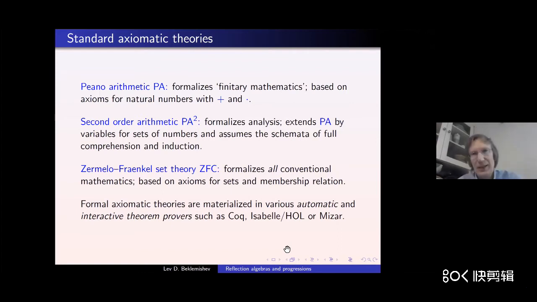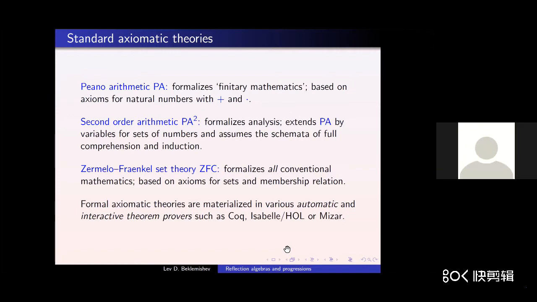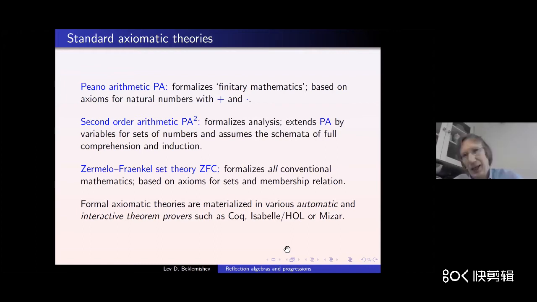Then there is second order arithmetic, the system which was developed to formalize analysis or the theory of real numbers and functions. This is an extension of Peano arithmetic by variables for sets of natural numbers. And in full second order arithmetic, we assume the schemata of full induction for formulas expressible in this language for numbers, and comprehension, formation of sets by arbitrary properties expressed in this language.